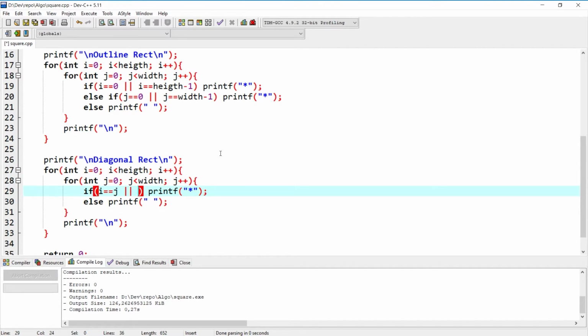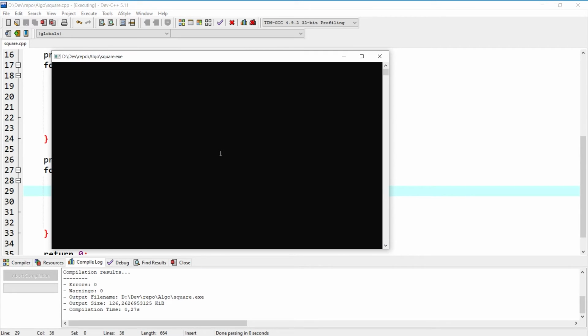So I will use whenever my j equals width minus i, right? And because my j is starting from 0, I need to have -1 in here. So whenever my j equals width minus i minus 1, it will create the second pattern of my diagonal. So let's try to hit it.